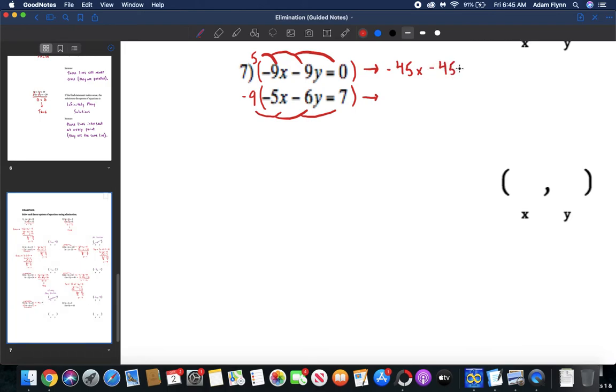So minus 45y. And 5 times 0 is going to be 0. Okay, and down bottom, negative 9 times negative 5x is going to be a positive 45x. Negative 9 times negative 6y is going to be a positive 54y.